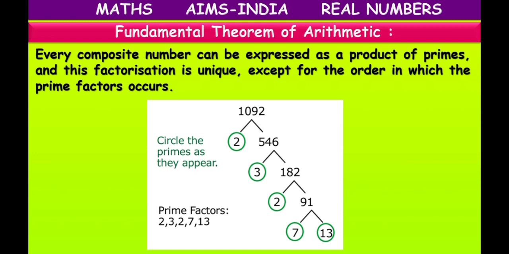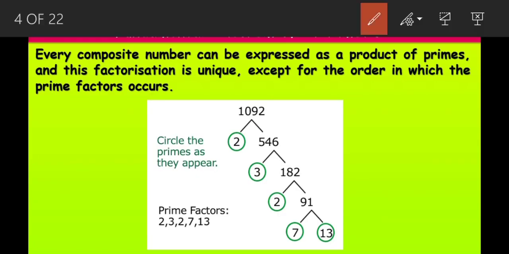Based on what we have just learned, in extension to it, we have this theorem. Here, they are checking with a composite number, and the question is whether it can be expressed as a product of prime factors or not. Suppose we take 1092, how can we write it?